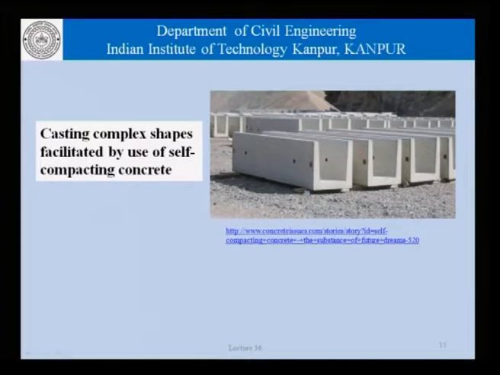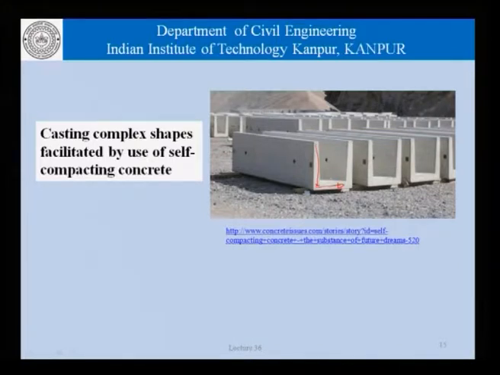Now, in a shape of this nature, if we were to use conventional concrete, there are different ways of doing it, but we will always have some kind of construction joints, because we must remember that all these legs, whether it is these two verticals or this horizontal, will also have reinforcement. Coupled with the fact that if we pour concrete here and expect it to flow in this direction, that is asking conventional concrete too much.